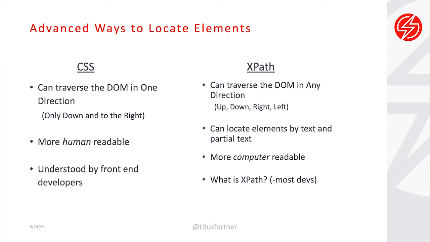It's not typical, but sometimes that's the least brittle way of locating something. The other thing XPath can do that CSS can't is locate any element by text or partial text. Remember, Selenium by default allows you to locate links by text or partial text. XPath will let you do that for any element, a div, a span, a button, anything.